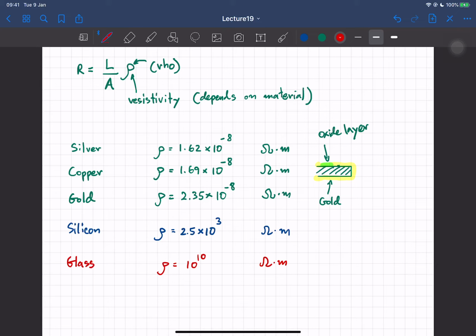So you have a lot of control over what value of rho you want. And then you have metal, which is something like this. These are some values you can look at, and if you want to know some other material, you can just Google. For example, if you want to know the resistivity for aluminum, you just type aluminum resistivity and you get the number out.